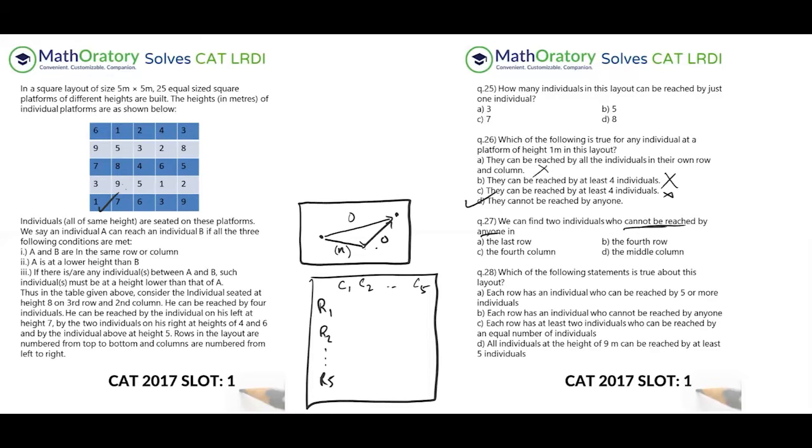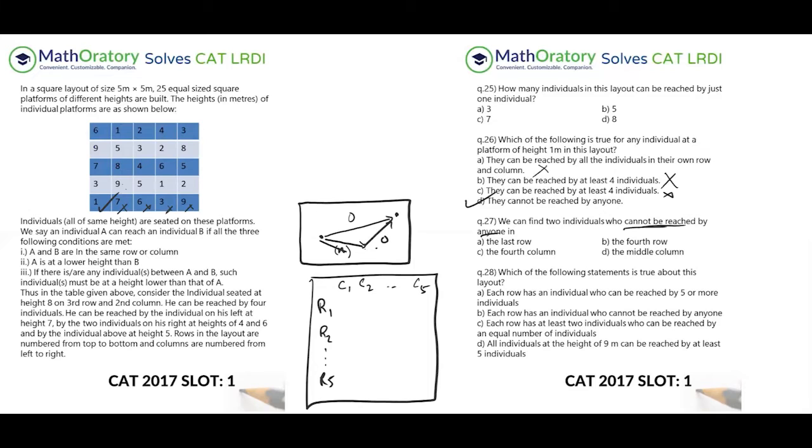7 can be reached by 6, so this is not. 6 can be reached by 5. Cannot. 3 can be reached by 1. So 9 can be reached by anybody, right? Similar to our previous question, as 1 cannot be reached by anyone, 9 can be reached by at least anyone adjacent to it, right?